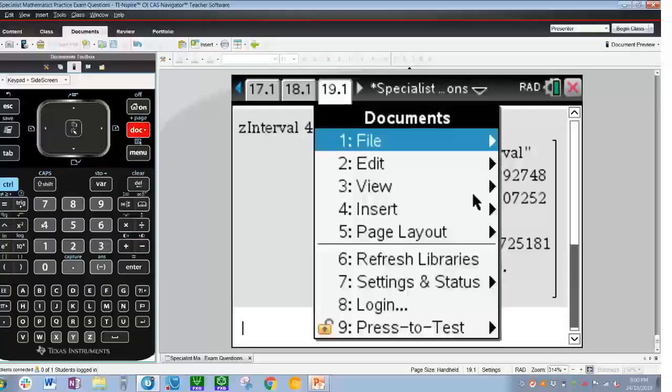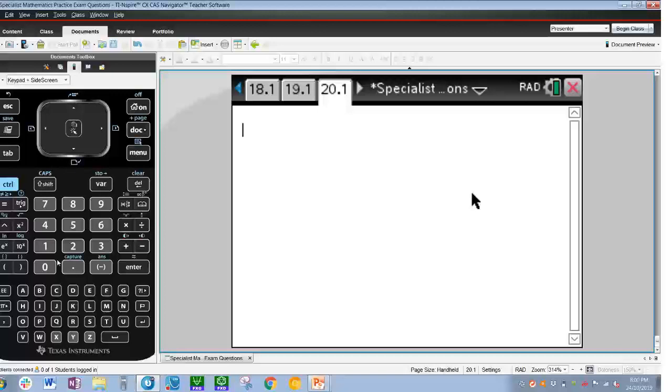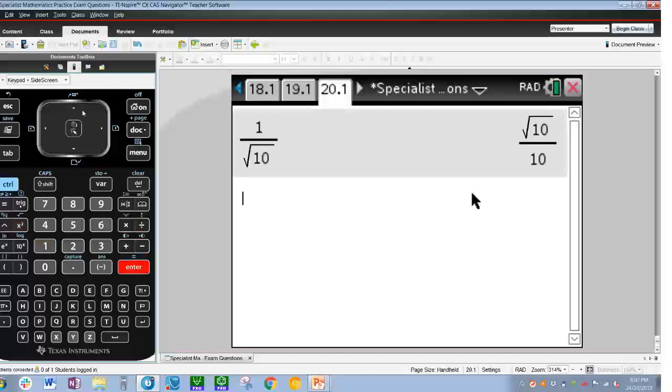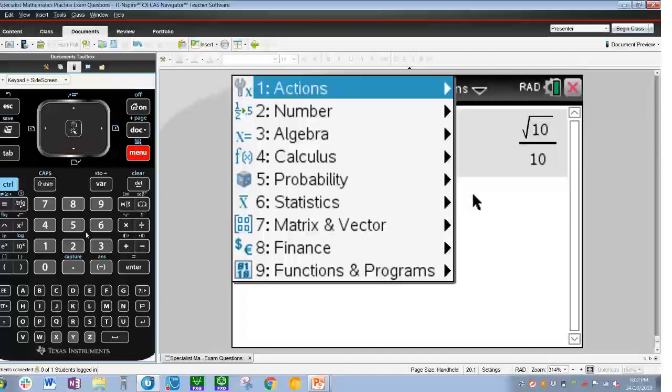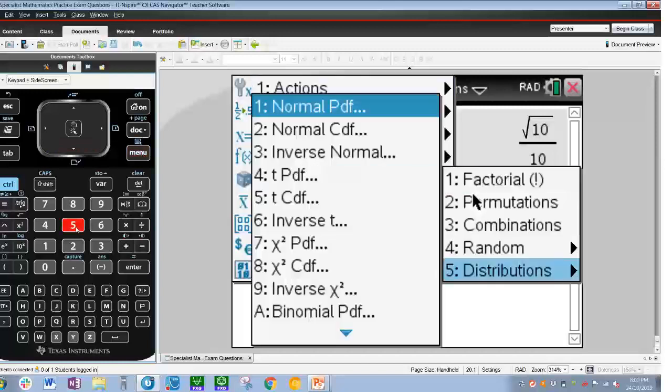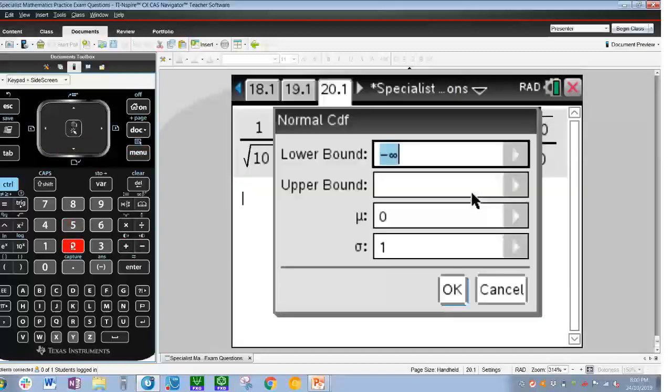So I'm simply going to go 1 over square root of 10 and hold that in the calculator's memory, Control C. So that is the standard deviation of the sample mean. So this is simply a normal CDF question. Menu, 5 for probability, 5 for distributions, and 2 for normal CDF.